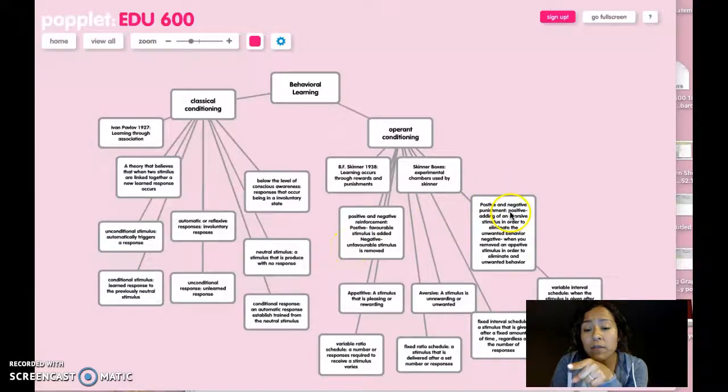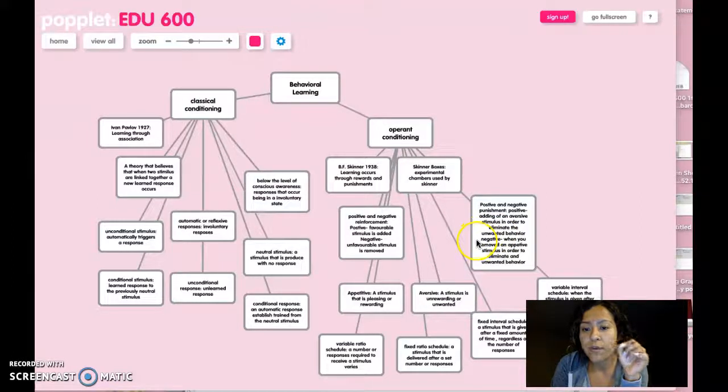And then you have over here on the other side your positive and negative punishment. I'll define punishment. Punishment is used to reduce or to eliminate a behavior. So for positive punishment, it is the adding of an aversive stimulus in order to eliminate the unwanted behavior.